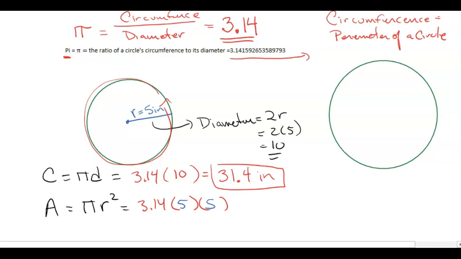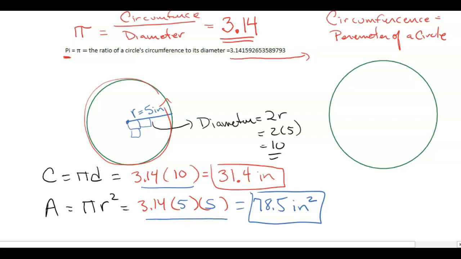I'm going to type that into a calculator: 3.14 times 5 times 5. The area in this particular case was 78.5. Areas are always little squares filling up the surface, like how many little squares it takes to fill in the circle. So 78.5 square inches. So here's my setup, and then I can do the calculation in the calculator. Let's do one more example.